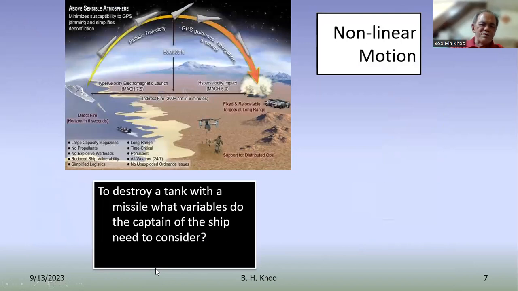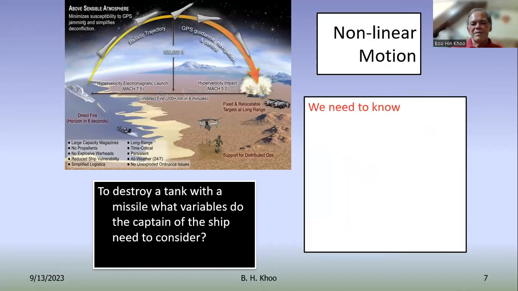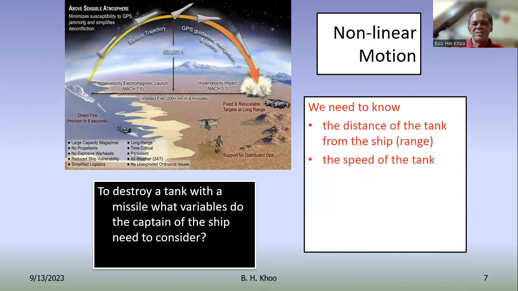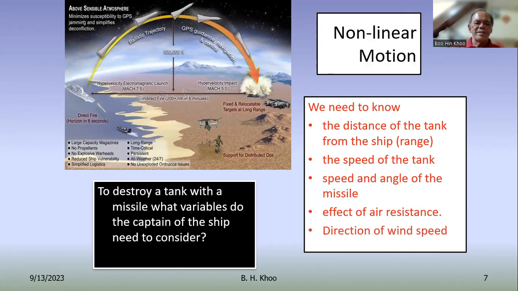To destroy a tank with a missile, what variables does the captain of the ship need to consider? Some of the factors we need to know: the distance of the tank from the ship, that's the range; the speed of the tank, whether it's moving towards or away, or at an angle; the speed and angle of the missile, to decide this angle so the missile hits it directly; the effect of air resistance and direction of wind speed.